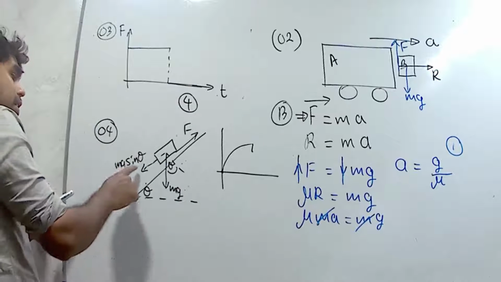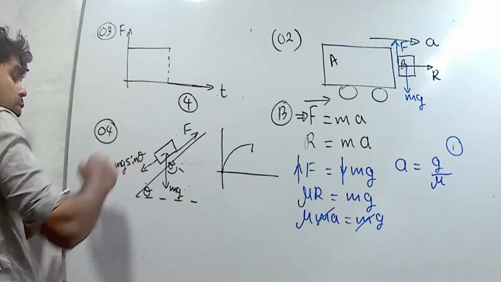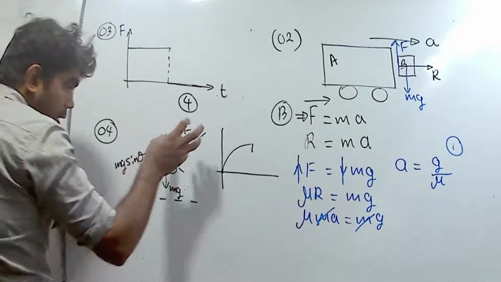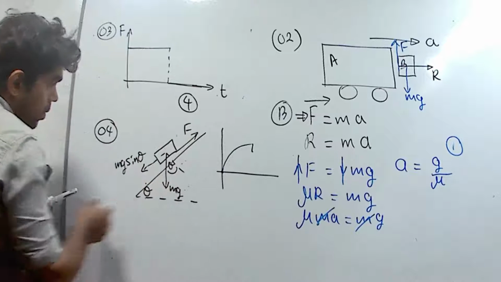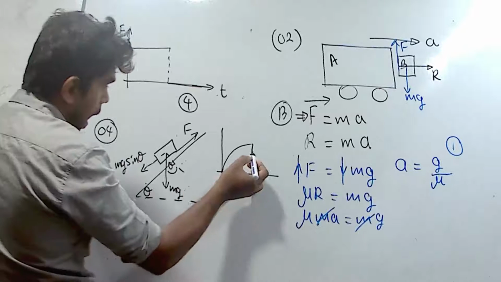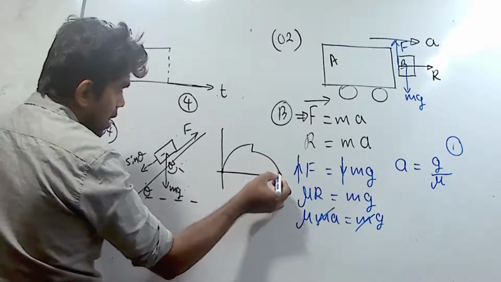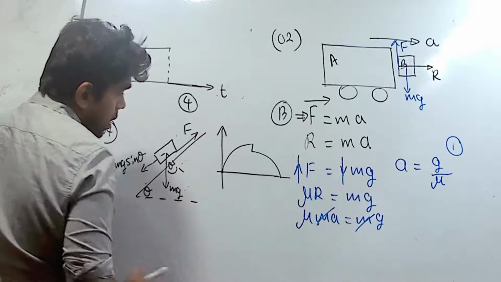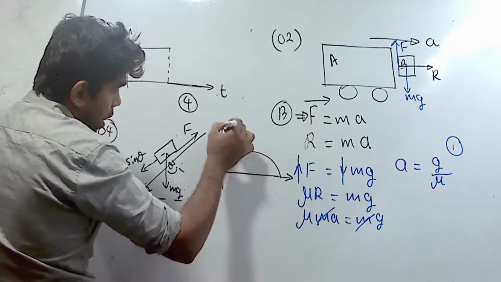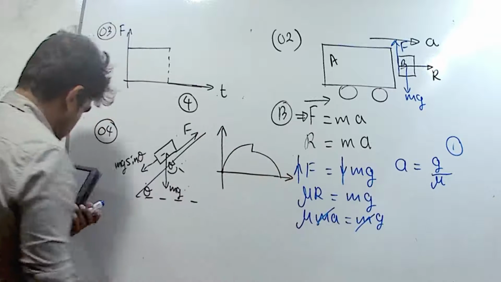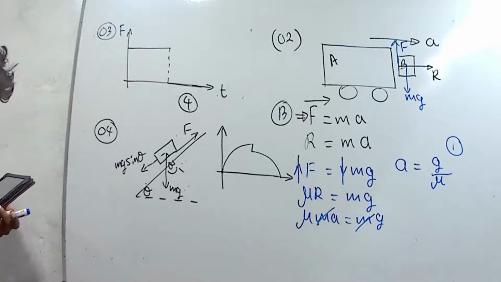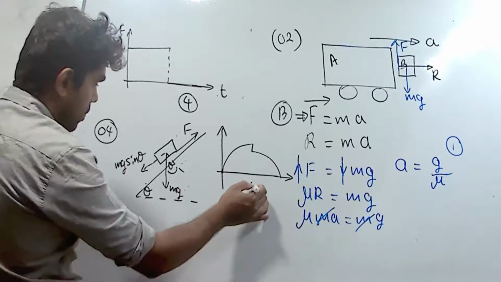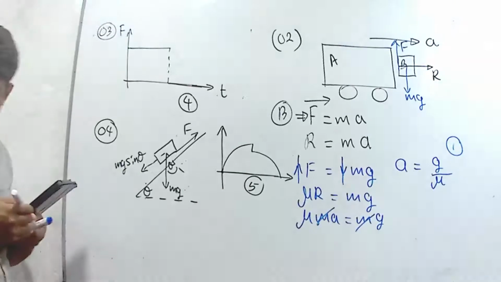Initial acceleration corresponds to this angle. Therefore, acceleration increasing, resultant force should decrease. Then frictional force is decreasing. Then the answer is 5 for question number 4.